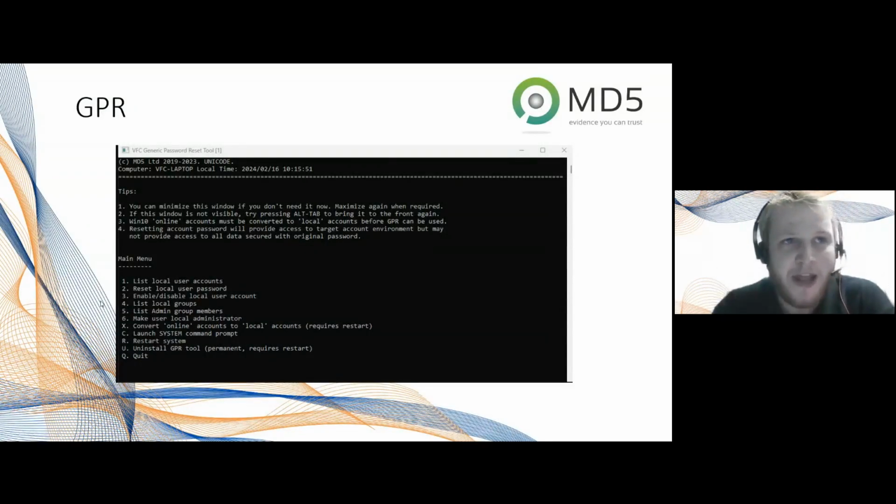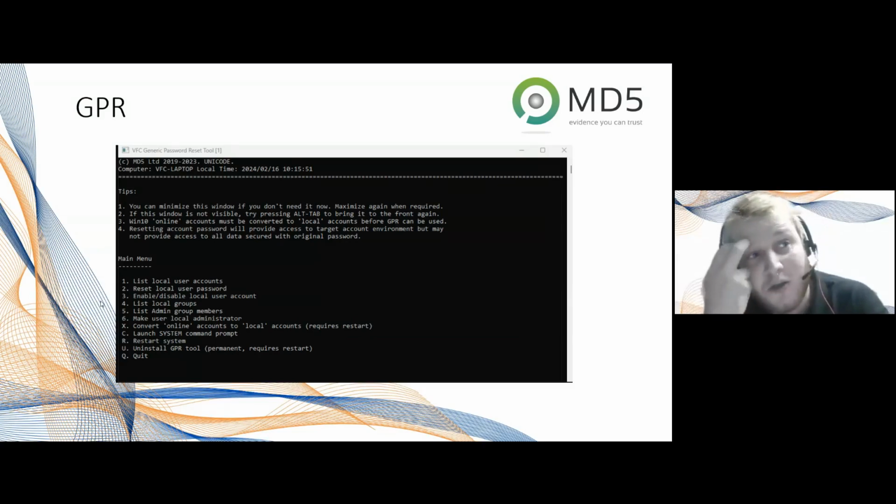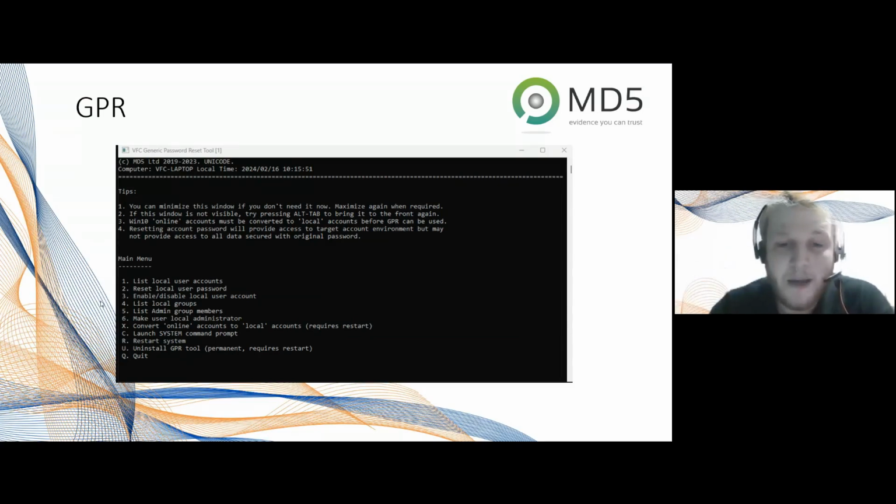So we'd press one on there and it'd list everything that we saw on that initial VFC page. We'd find James Smith there. We'd be able to then press number two, which is reset local user account. We'd type in James Smith, change the password. I normally change it to 123456, but you could change it to the case reference, anything that you can remember essentially. Once you hit enter on that, that'll be the new password that you'll use to get into that user account.